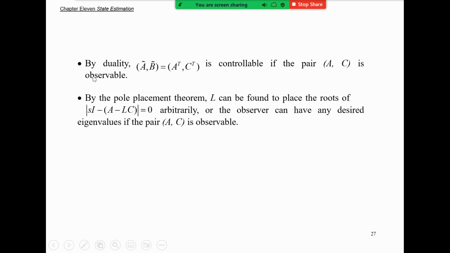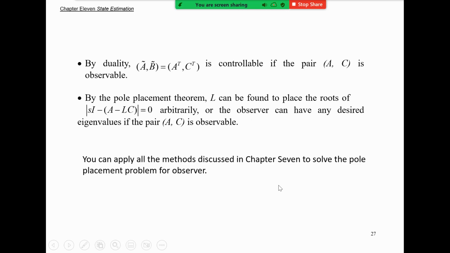If A, C is observable, meaning A tilde, B tilde is controllable, we can place the poles anywhere we like. In other words, L can be found to place the roots of the characteristic polynomial of A minus LC anywhere we like.